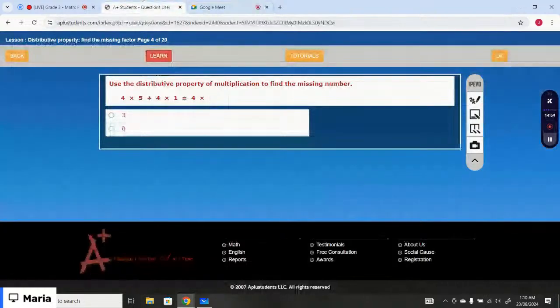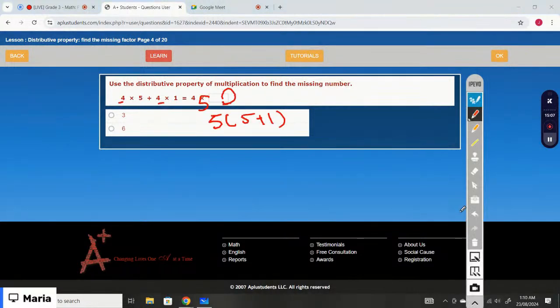Use the distributive property of multiplication to find the missing number. So which is the correct option? 4 times 5 plus 4 times 1, that equals 4 times the missing number. So which is the correct option?